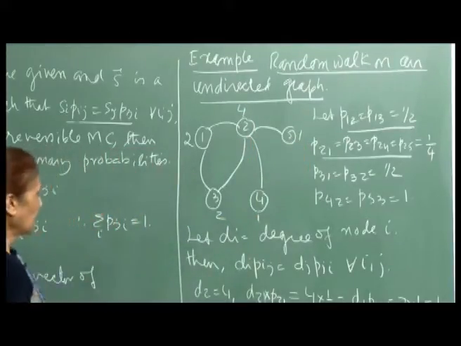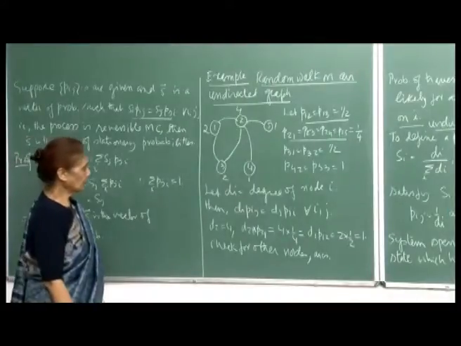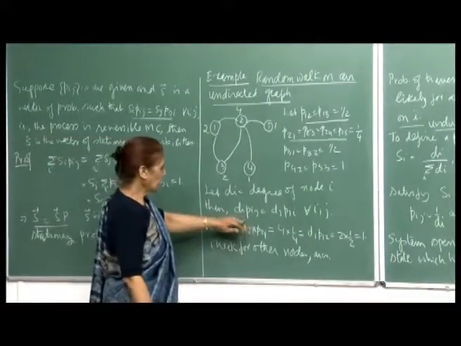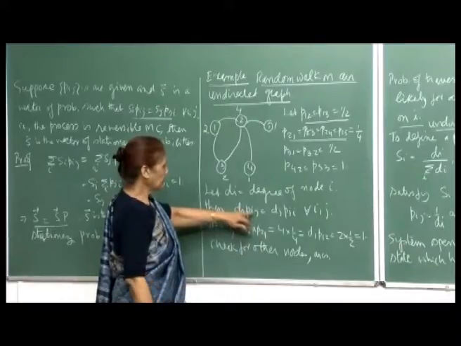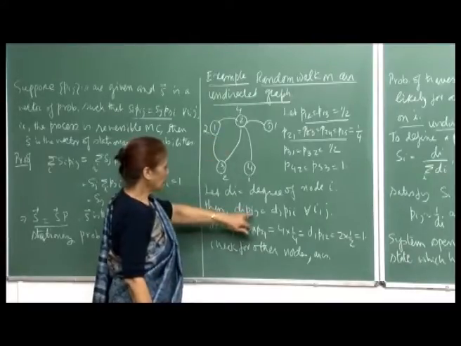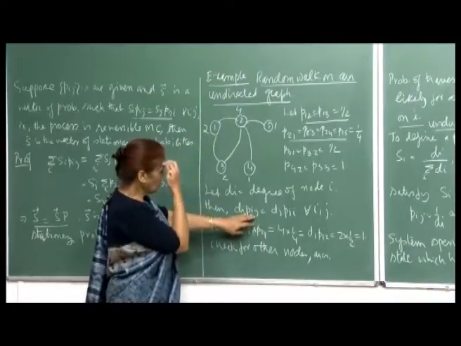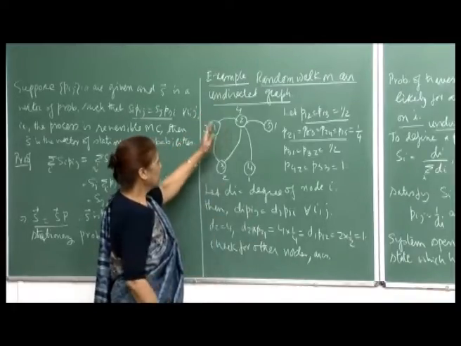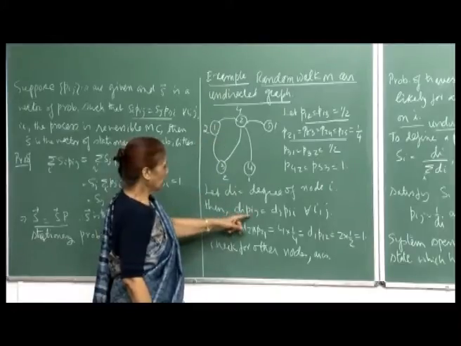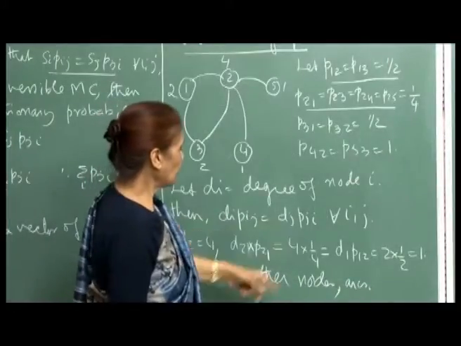Okay. And then by this definition, you see immediately that, suppose you are at node 1, then your Pij is 1 by 2, because the 2 edges are incident. So, this is equal to 1 by d_i, since we are saying they are equally likely. So, d_i into 1 by d_i. Similarly, d_j into p_ji.